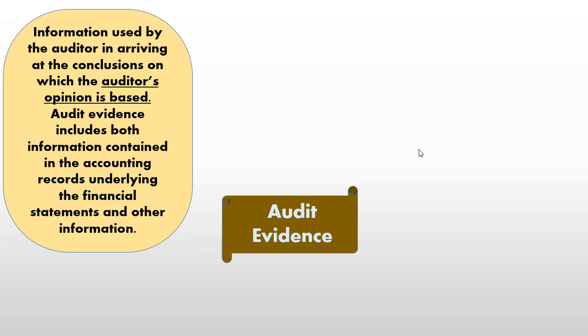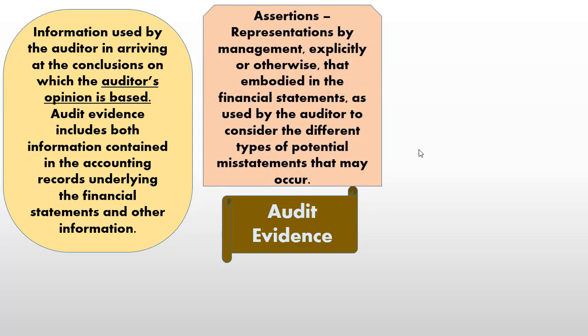So this will be obtained from information from accounting records and other sources of information. And with regards to evidence, as an auditor, we will test the assertions made by the management. These are explicitly or otherwise included in financial statements.